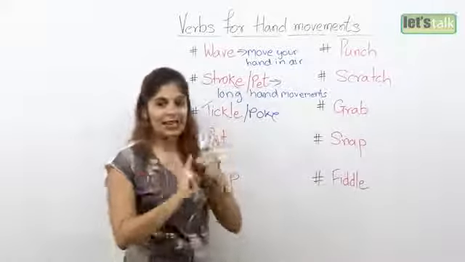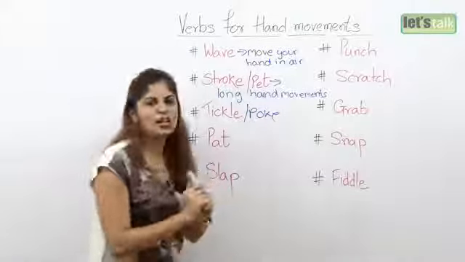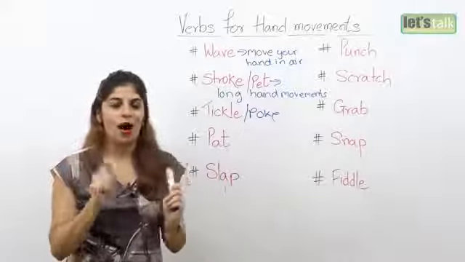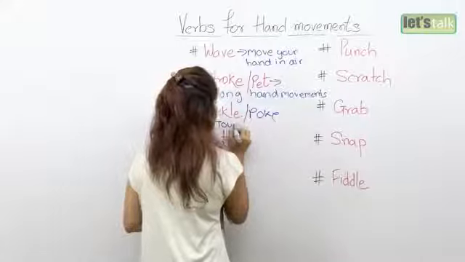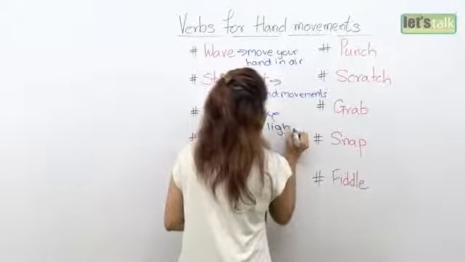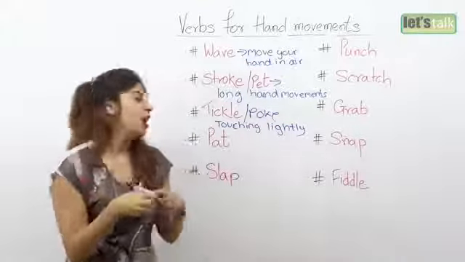So that's tickling or poking. You do that with your fingers. So you're not going to say I touched him. You're going to say I tickled him or I poked him. So, touching lightly to make someone laugh.